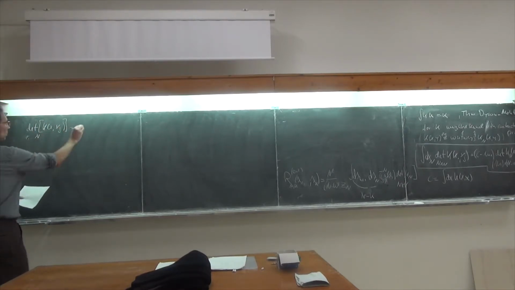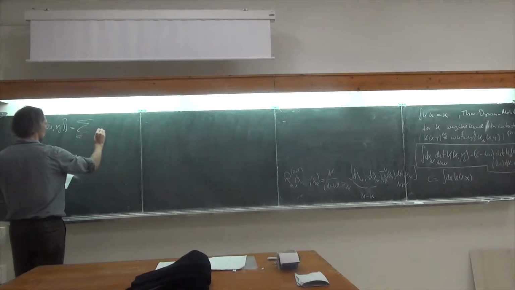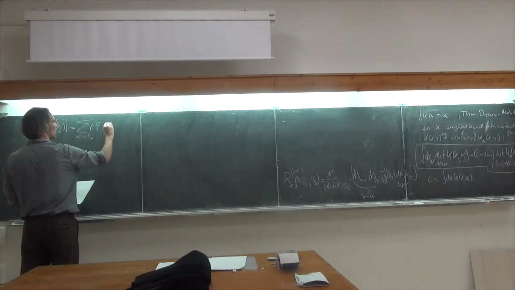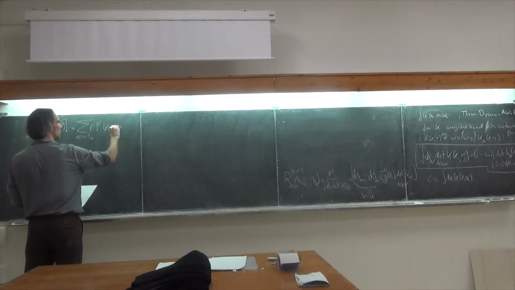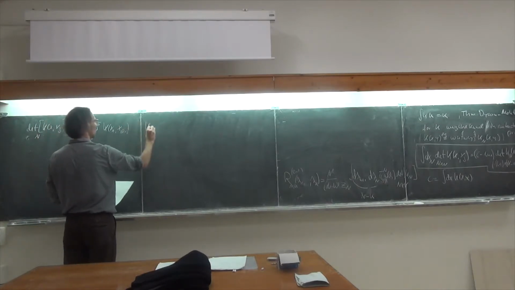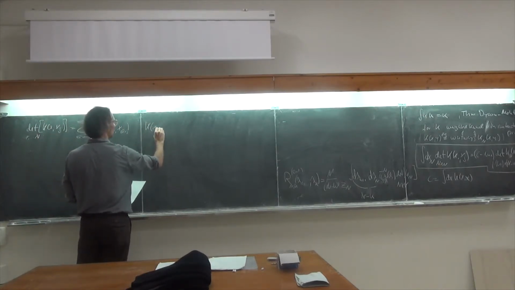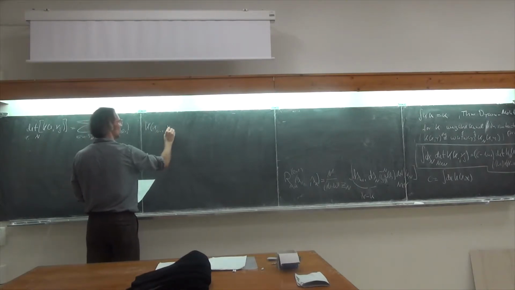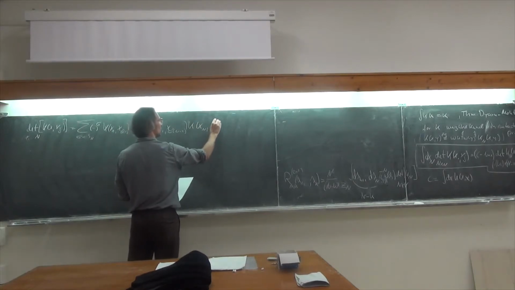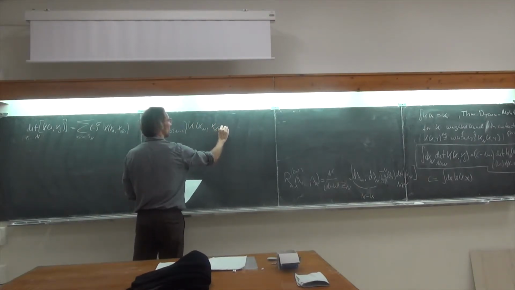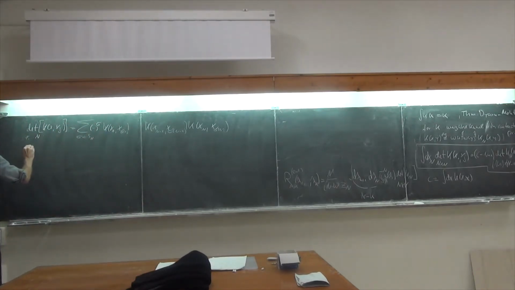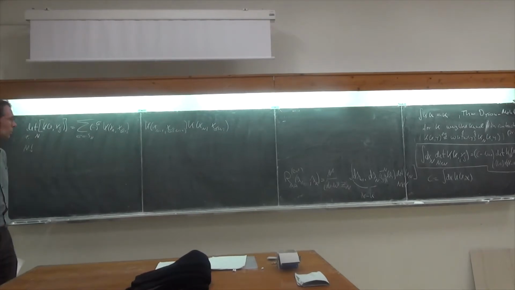So this is the sum over our permutations, x_1, x_sigma(1), up to k, x_n, x_sigma(n). Okay, this is just a definition. Now in this sum over permutations, we will have n factorial terms.